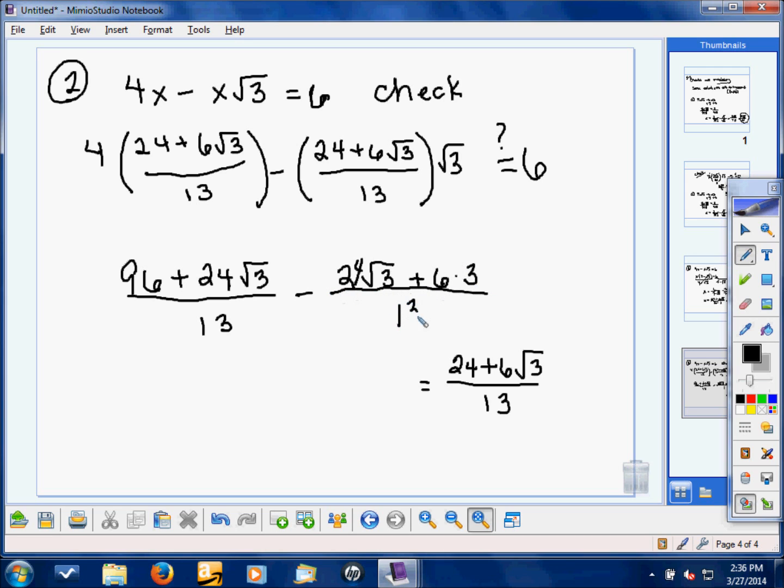Over 13. All right, so we're subtracting all these things, right? So we have 96 plus 24 square roots of 3 minus 24 square roots of 3.